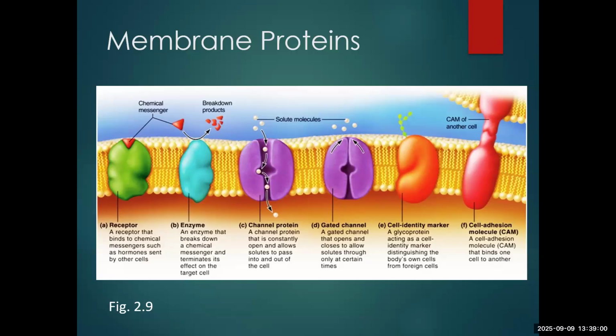Neurotransmitters are produced by neurons. Neurons are also called nerve cells. The way that nerve cells tell other cells in the body what to do is by sending a messenger, which is a neurotransmitter.